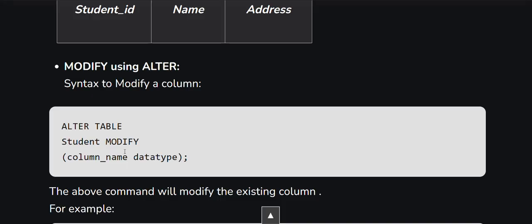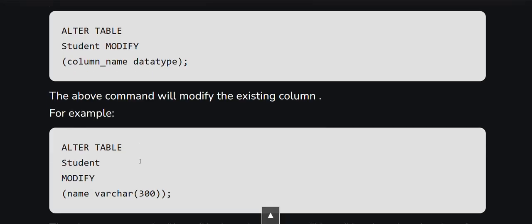We can also modify using alter. Here it is alter table, table name, modify as a keyword, and we are just altering the data type. It only modifies the column, the table, and the database. It never looks at the data inside the storage.